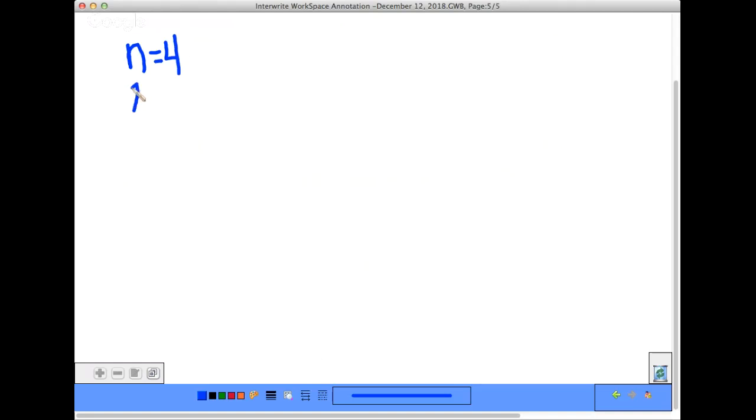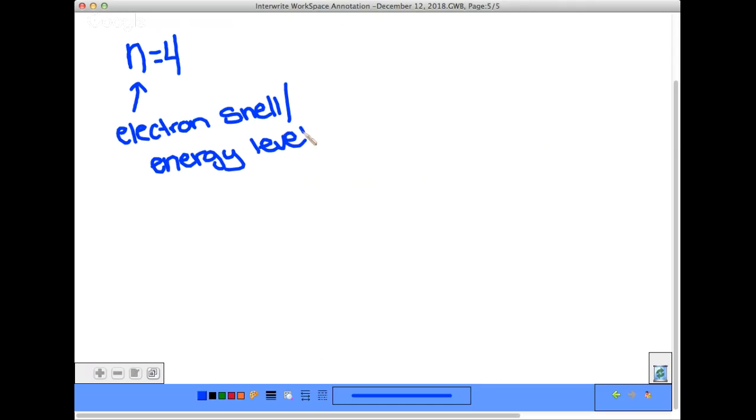This n tells you the electron shell, or you can think of this as the energy level. Since we have 4 energy levels, we're also going to have 4 subshells.